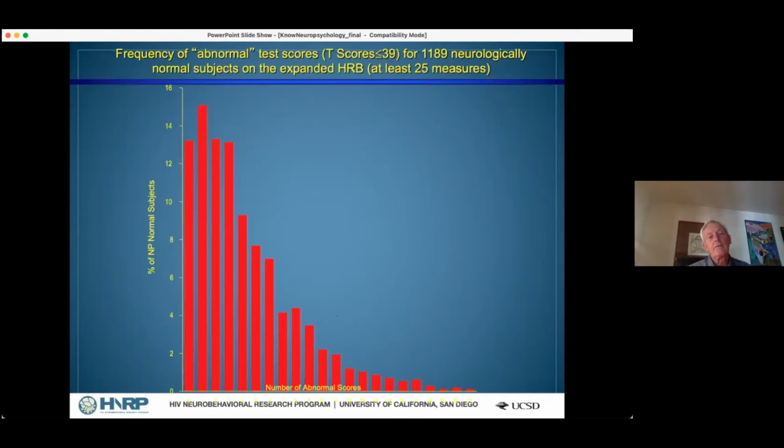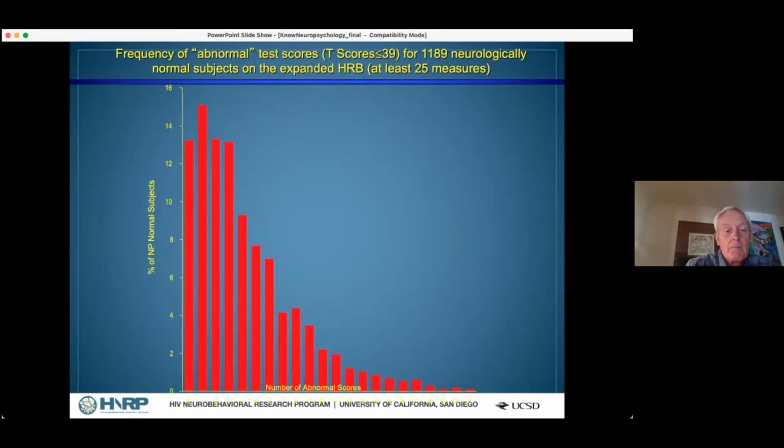This is data from the neurologically normal people in the expanded Halstead-Reitan battery that had at least 25 measures from this battery. And you see that on the x-axis is the number of abnormal scores. So only 13% of the people had no abnormal scores.